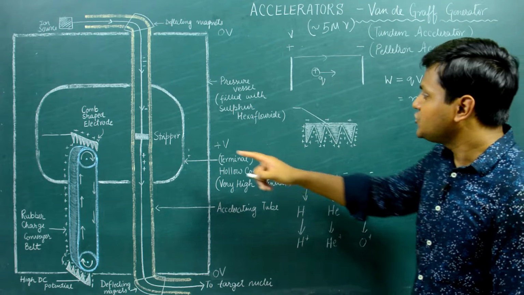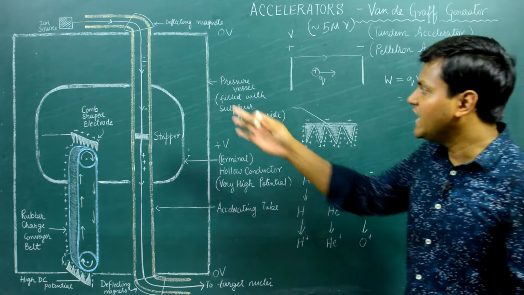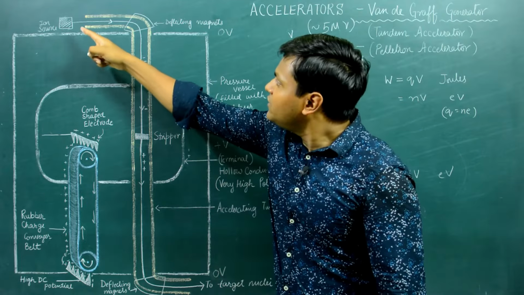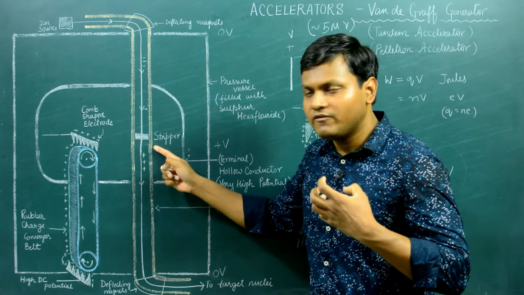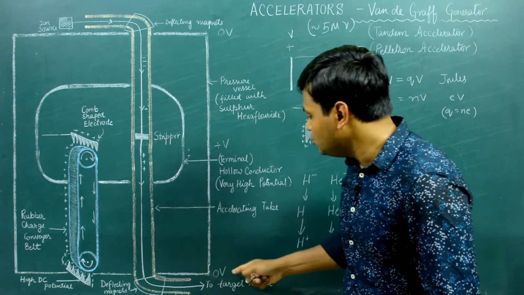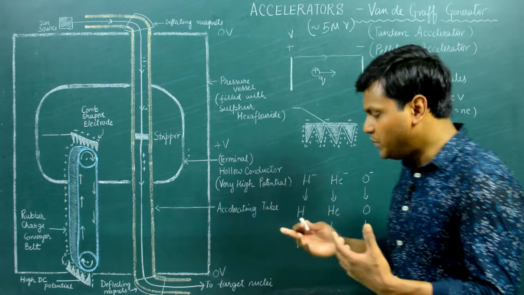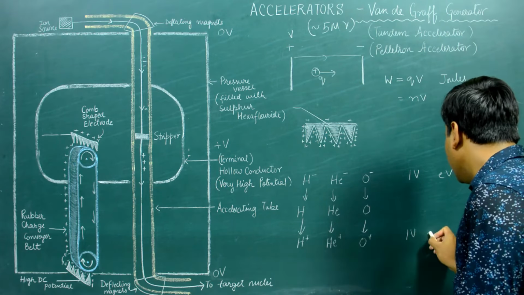So if the stripper material strips away two electrons from any of these negatively charged ions once they reach here, they can again be accelerated from plus V to 0 V. So they again experience an acceleration and increase their energy by 1 V electron volts.